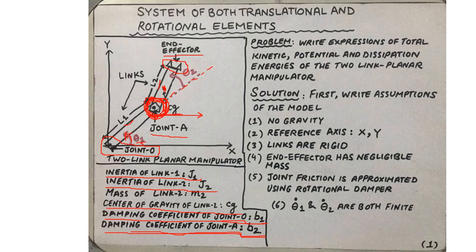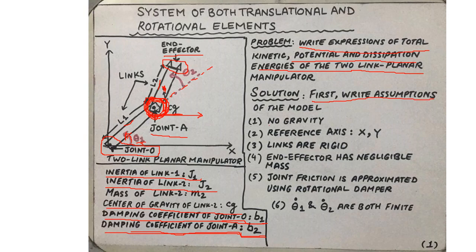The problem asks us to write down the expression of total kinetic energy, potential energy, and the dissipation energies of this two-link manipulator. And once we have those expressions, we can write down the Lagrange's equation to write down the equations of motion. But first of all, we have to explicitly write down the model assumptions.